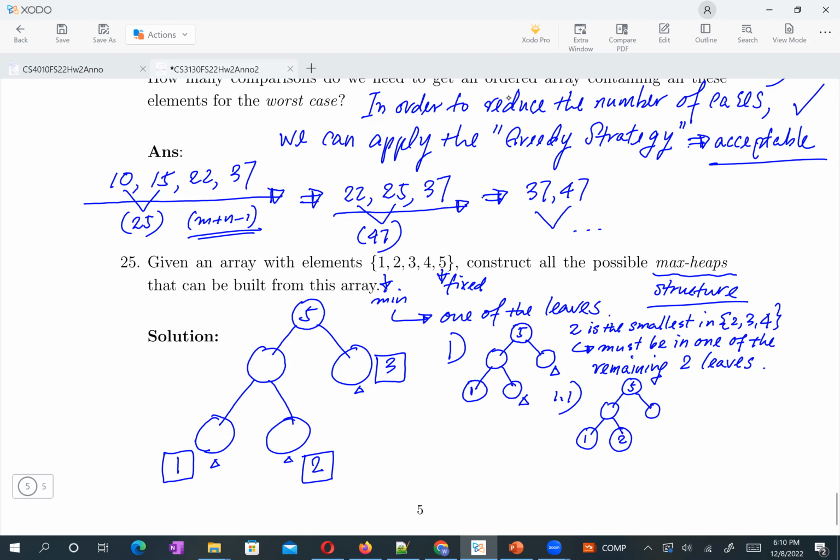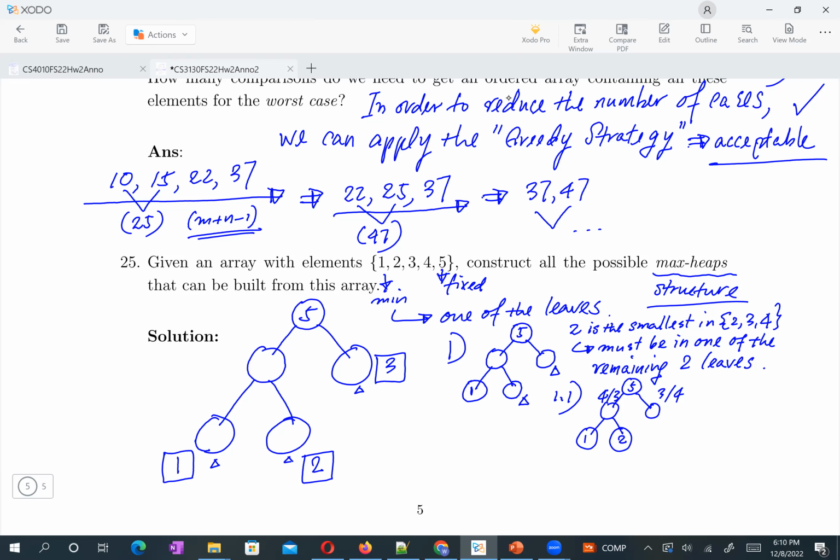Definitely we can put 3 here and 4 there. You check for violation. Is there any violation? No violation, right? But another question is, can you put 4 here, but 3 there? If you put it there, is there any violation? So that's the 1.1 case.